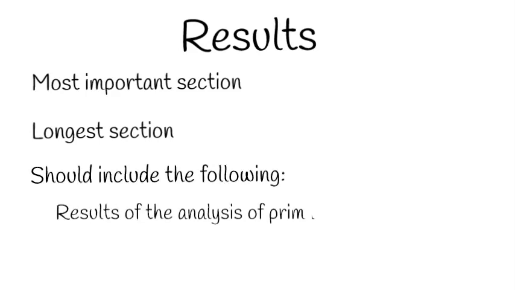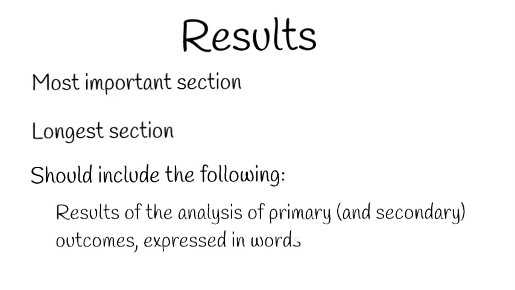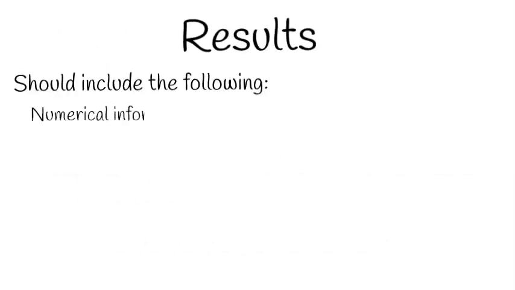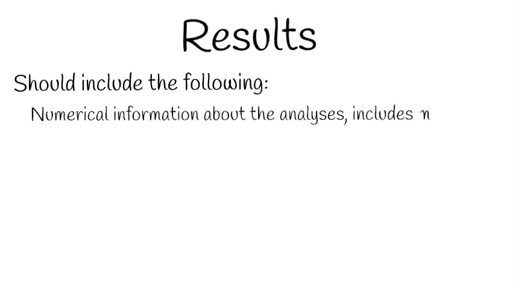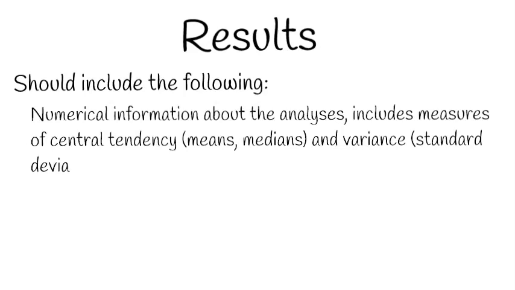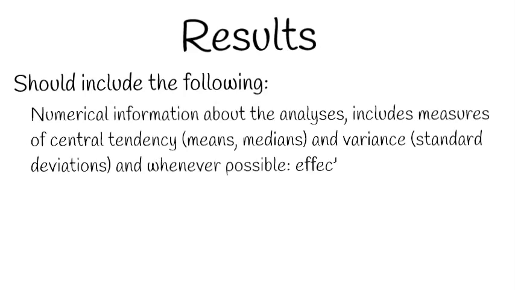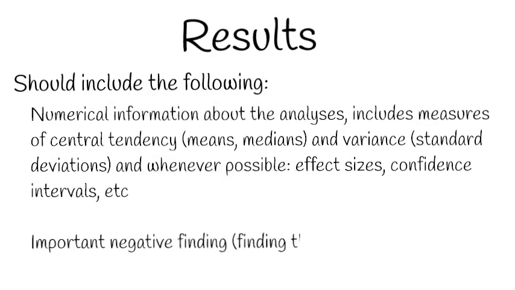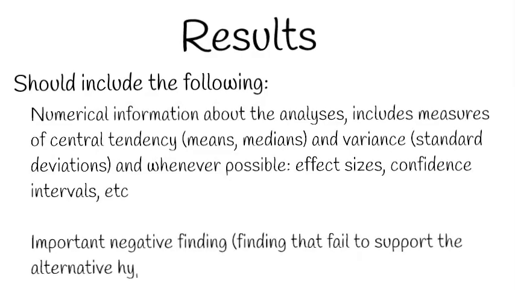For instance, you want to include findings about your primary and possibly secondary outcomes, and you want to express this in both words and numerically. Numerical information about the analyses includes measures of central tendency and variance, and whenever possible, effect sizes and confidence intervals. Important negative findings should also be reported in this section.